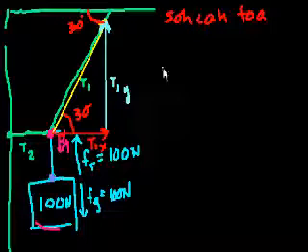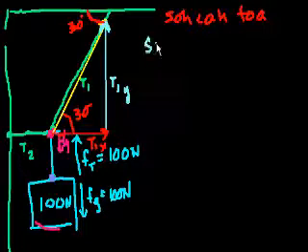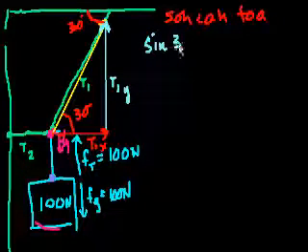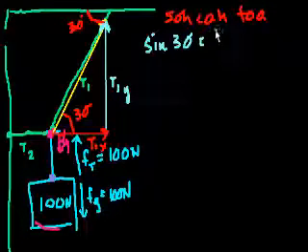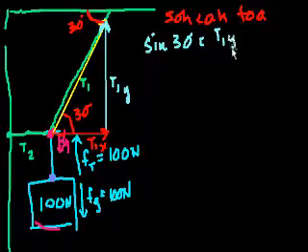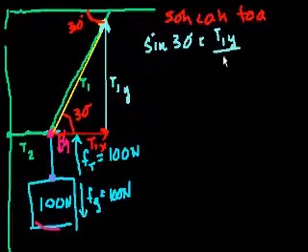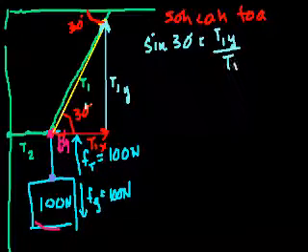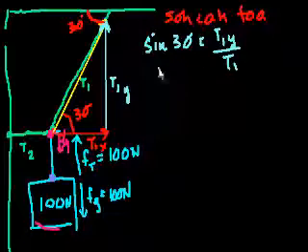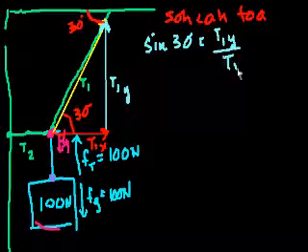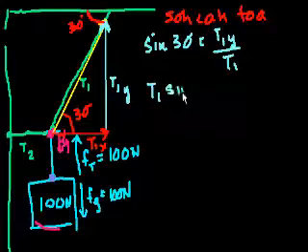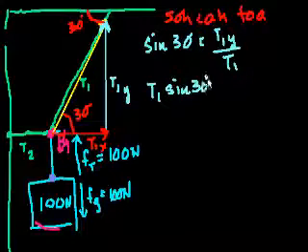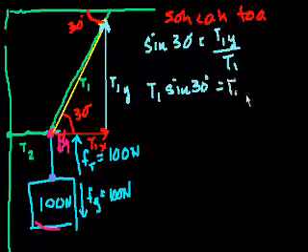The sine of 30 degrees is equal to t1 sub y over the tension in the string going in this direction.